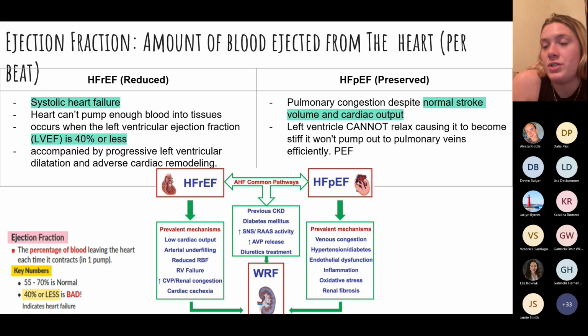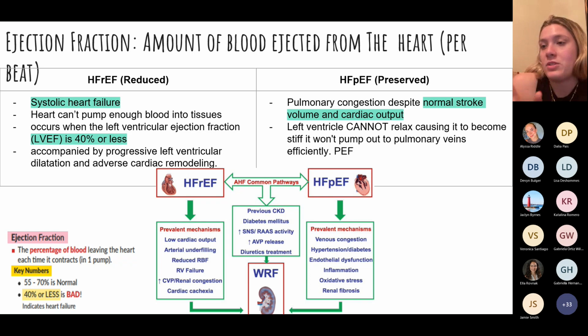HFrEF, this is reduced ejection fraction. So what am I concerned about? I'm concerned that I'm not perfusing my organs as well. So again, it's usually going to be more indicative of systemic heart failure, systemic organ damage, things like that. However, if we have heart failure with a preserved ejection fraction, while I do have heart failure, it isn't affecting my ejection fraction, and therefore the rest of my organs still theoretically could be getting perfused really well.